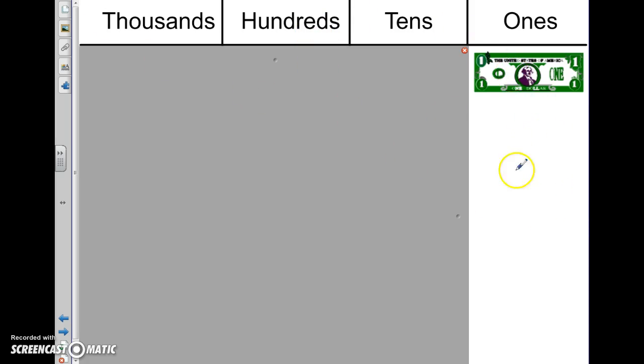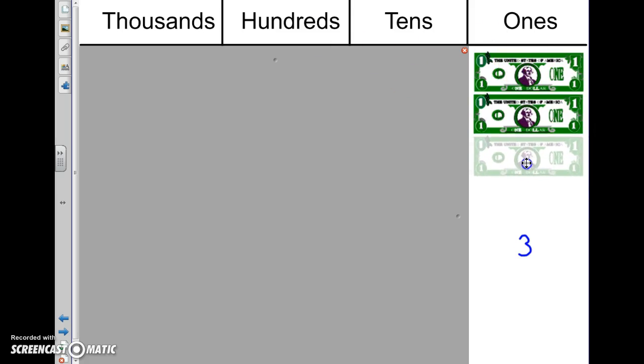So if I gave you $3, that would look like this, right? But if I gave you, let's say, $33, now I could get 30 more of these singles, these $1 bills, and stuff them all in here.